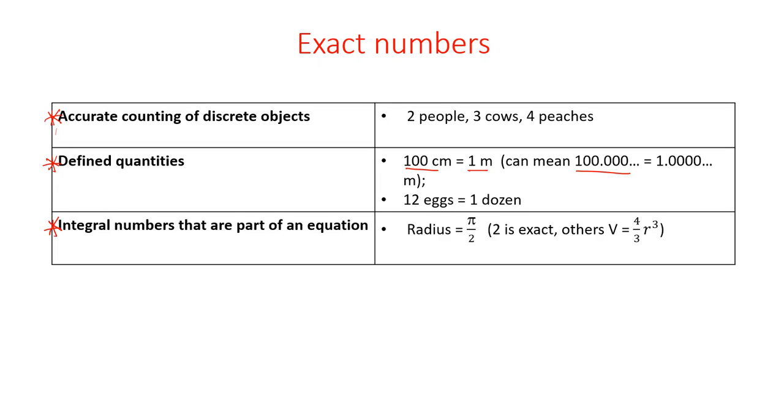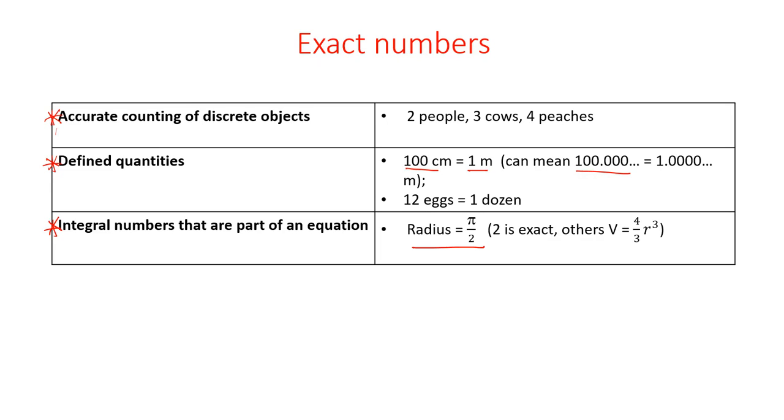Then we also talk about integral numbers. So numbers that are part of an equation, we don't focus on their significance. For example, radius is pi divided by 2. So we don't say 2 is to one significant figure.